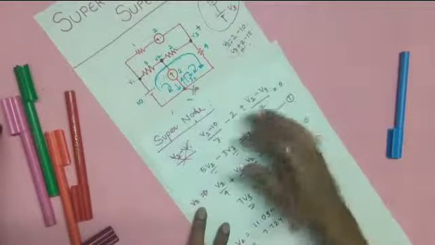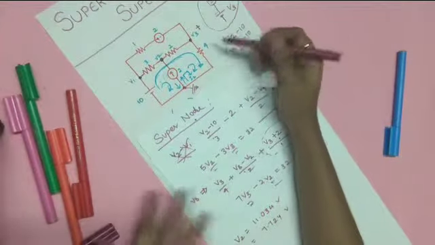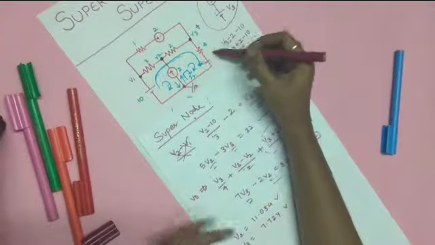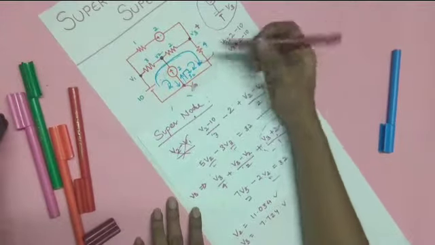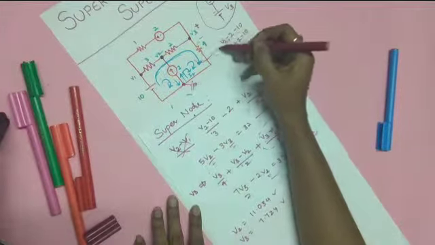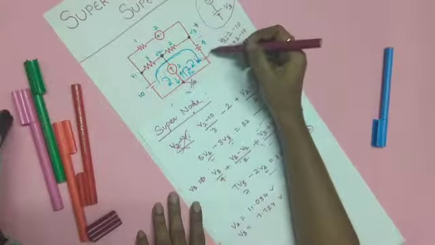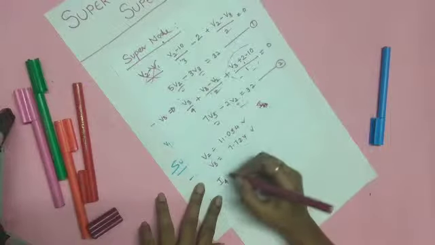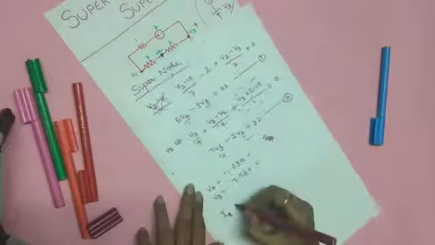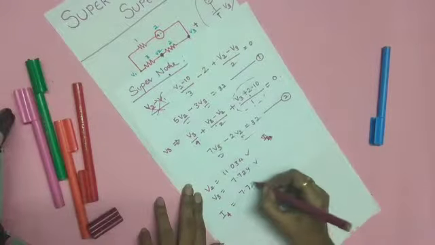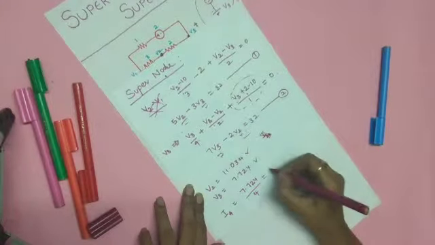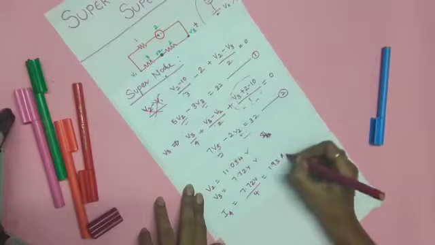Suppose you are asked to find the current in this 4 ohm resistance. What you have to do is take the voltage across this resistance divided by the resistance value, and the voltage across this resistance is V3 in this case, right? So the current through the 4 ohm resistance is given by 7.724 by 4, and you will get 1.93 amperes.